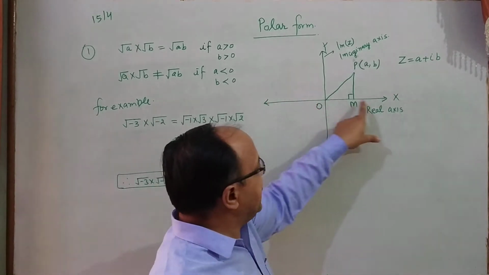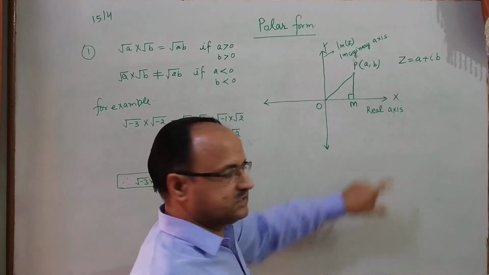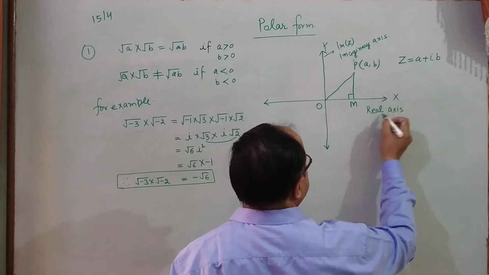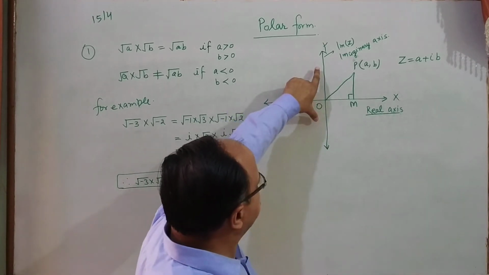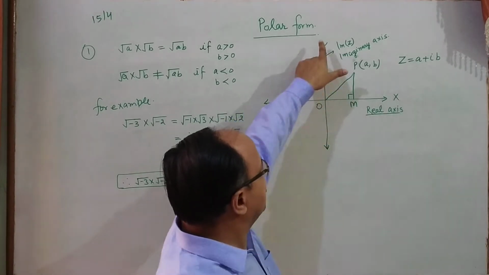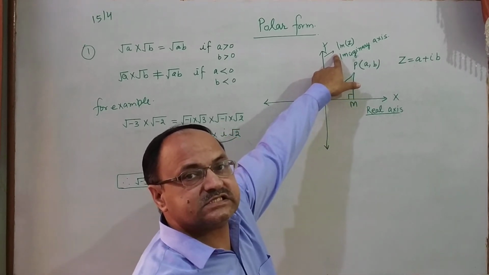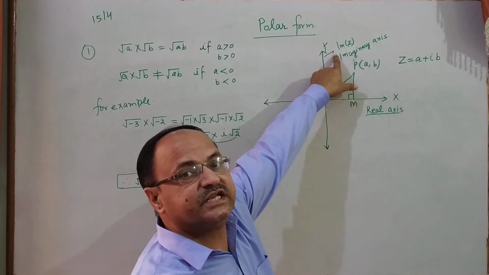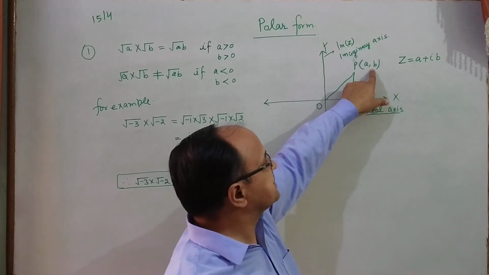This is called the x-axis, but in the complex plane this is called the real axis. And in the Cartesian plane this is the y-axis, but in the complex plane this is the imaginary axis. These are the coordinates of the complex number.